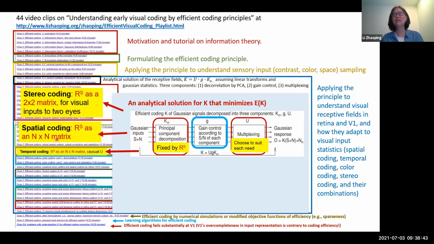That causality is not required in spatial coding, because the response of this neuron can depend on the photoreceptors to the left of it and the right of it. Doesn't matter. But in time, the response of a neuron can only depend on the input in the past and not in the future. And so this will also constrain what kind of U it could be. And fortunately, we have the freedom to do that.